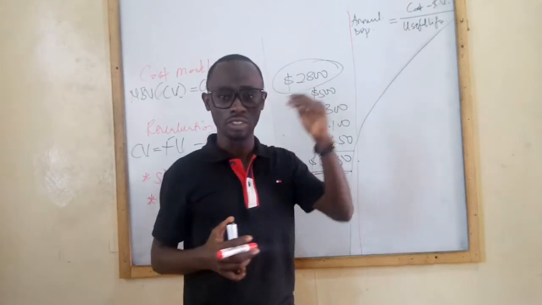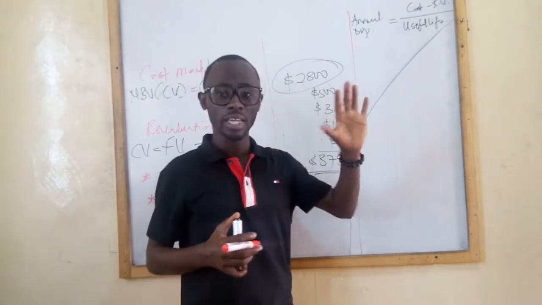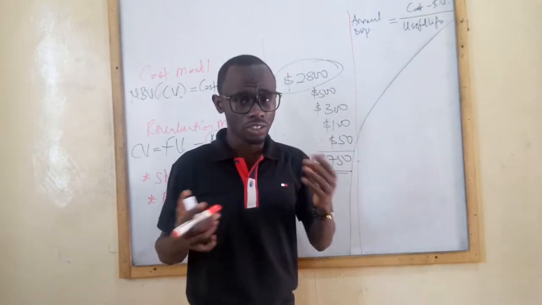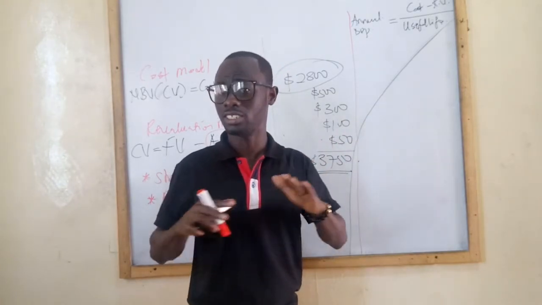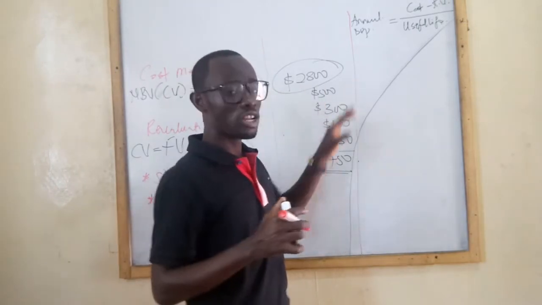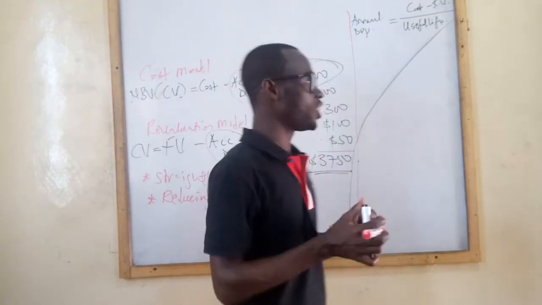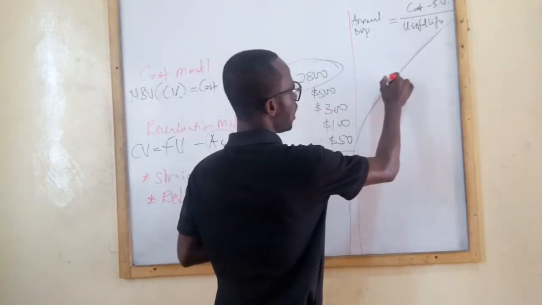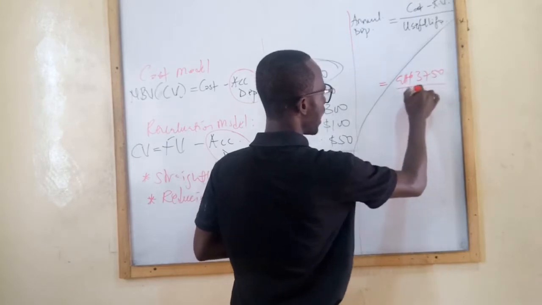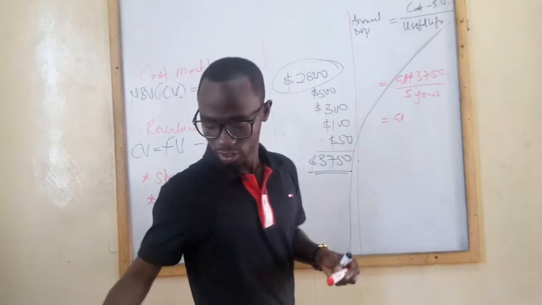What you know as scrap value is the same as residual value, which is the same as salvage value. It simply means how much we want to sell the asset for at the end of its economic useful life. Usually we're going to assume that the residual value of the asset is 0. So if it is 0, then the annual depreciation for this asset, assuming that we're going to be using it for 5 years, is going to be, let's say, 3750 divided by 5 years. Okay, so I'm dealing with dollars.